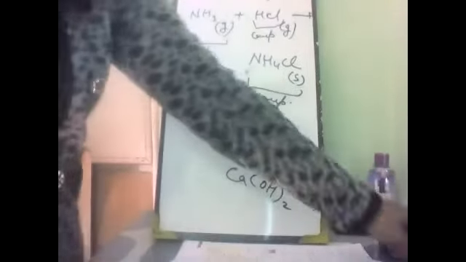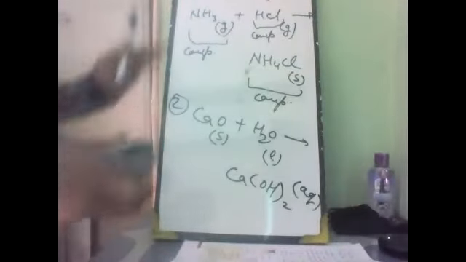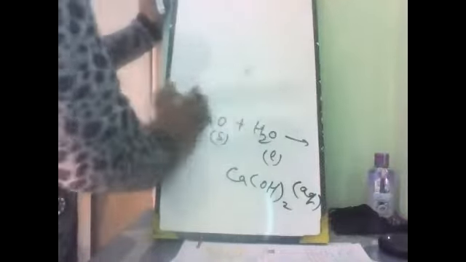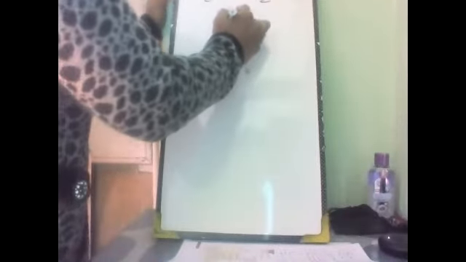Another reaction is potassium oxide reacting with water to form potassium hydroxide. K2O reacts with H2O and forms KOH.